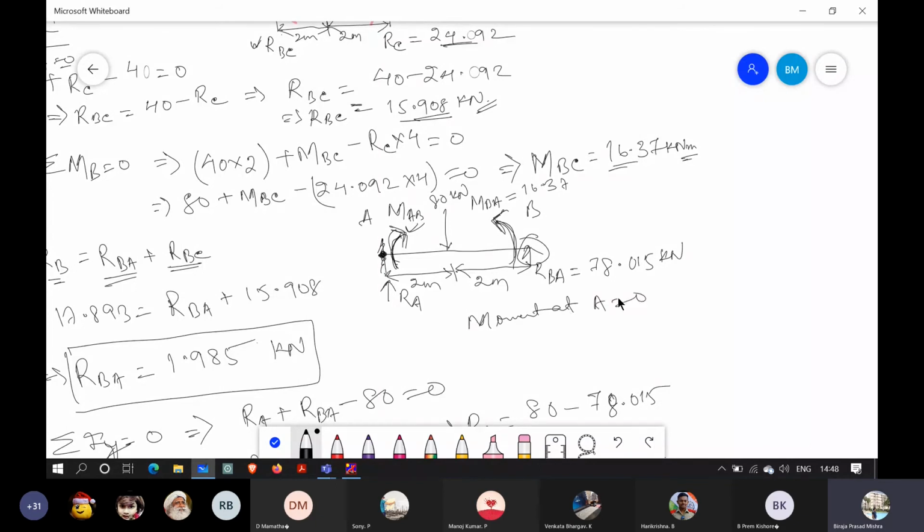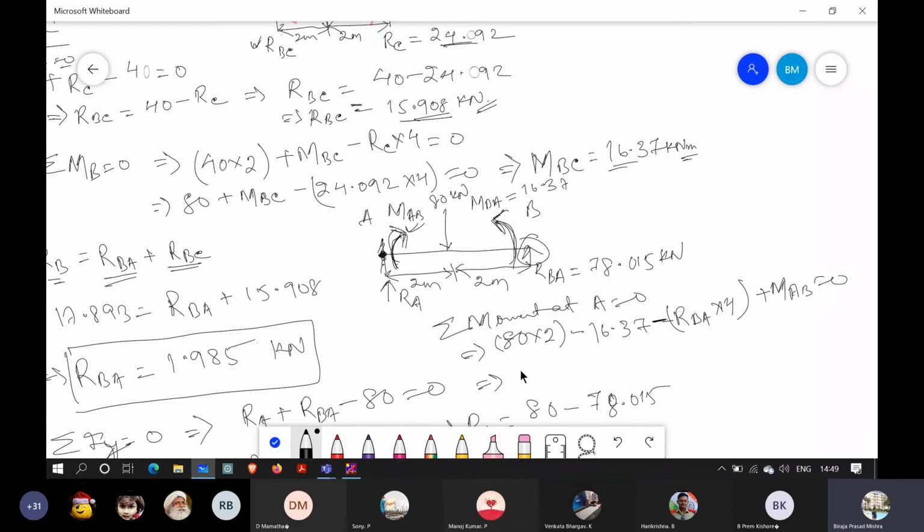The summation of moment at A equals 0, this implies, can I write 80 into 2, see this diagram, 80 into 2 minus 16.37 minus RBA into 4 plus MAB equals 0.